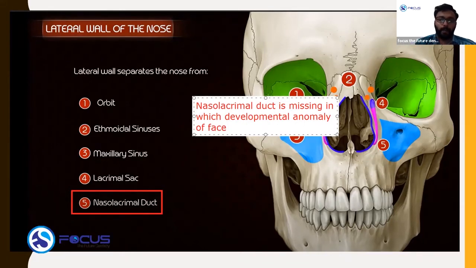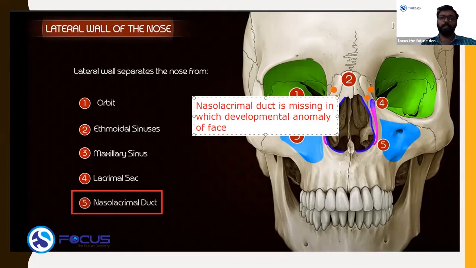Yes, very good. So we did discuss oblique facial cleft during our embryology. This particular structure, the nasolacrimal duct, is absent when there is a failure of fusion of the maxillary process with the lateral nasal process. That is regarding the development of the face. During the embryology part, I did discuss how the face develops from the frontonasal process, the maxillary process, and the mandibular process.